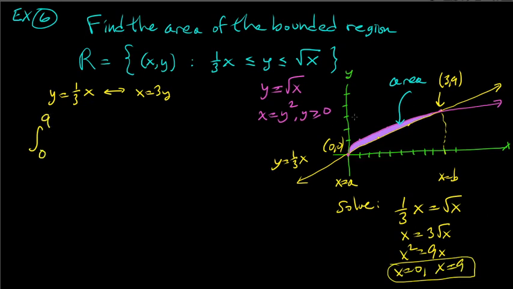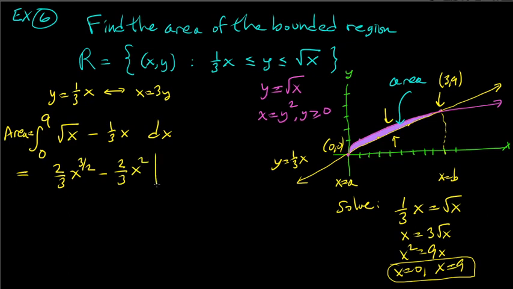And what are we integrating? The top curve minus the bottom curve. The top curve being the square root of x, the bottom curve being 1/3 x. Okay, so that will be the area. And let's just do it. So this is going to be 2/3 x to the 3/2 minus 2/3 x squared, plugging in the 0 and the 9.